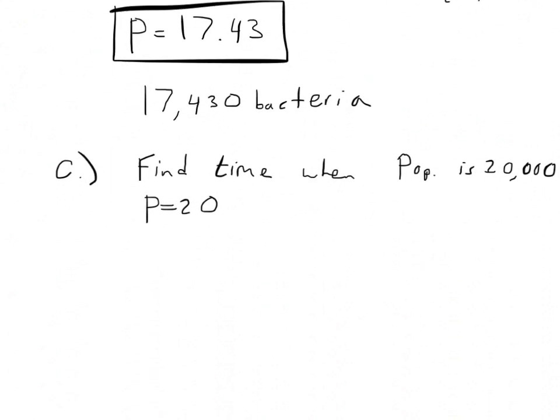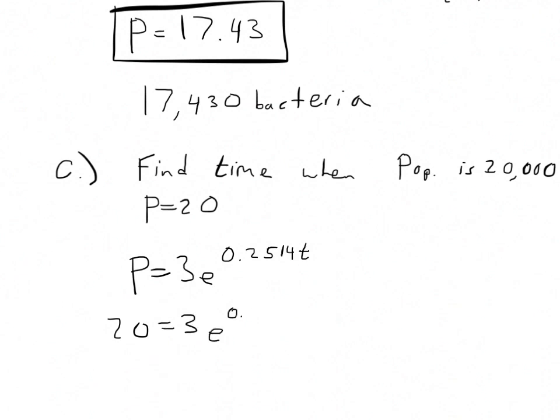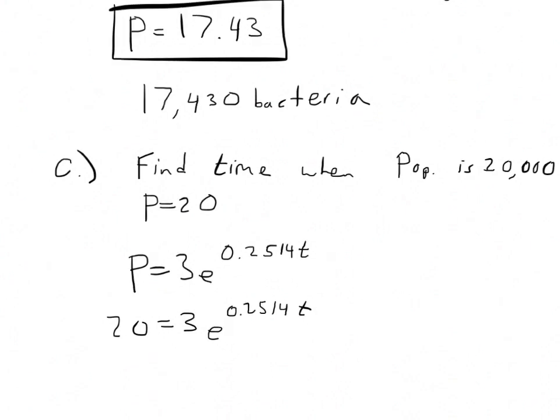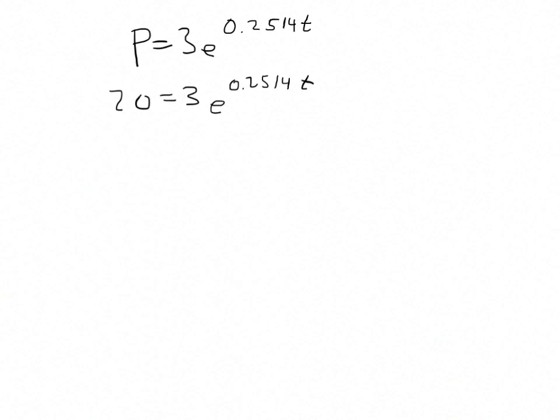So I take my exponential growth model, which was P equals 3e to the 0.2514 times t. Remember, this time I want to solve for t, so I'm going to plug in 20 here. And the steps after this are just algebra. If you're watching this at home, if you feel comfortable, I'd really recommend you pause it and walk through these steps on your own to make sure you've got the idea.